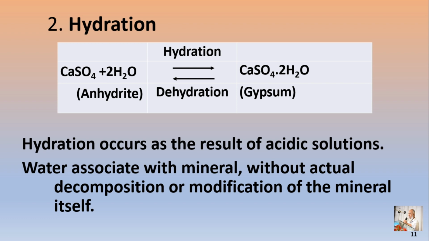Hydration, dehydration. Whenever there is a hydration, gypsum calcium sulfate would change into hydrated calcium sulfate gypsum. When it is dehydration, it becomes anhydrous. Hydration occurs as a result of acidic solution. Water associates with mineral without actual decomposing or modification of the mineral itself.